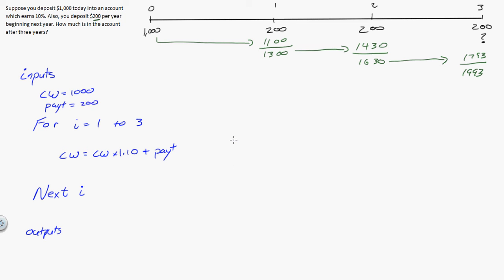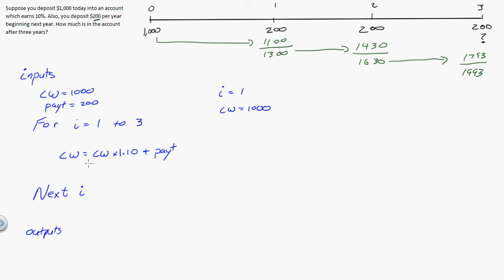So what's going to happen if I do this? And in every one of these, in the simpler ones, you can quickly kind of see it in your head, but until you get really good with this, you need to go through each step. And I think going to 3 is kind of the best way to do it because you get to repeat it enough, but not too many times. So I is equal to 1, and VBA believes CW is equal to 1,000.